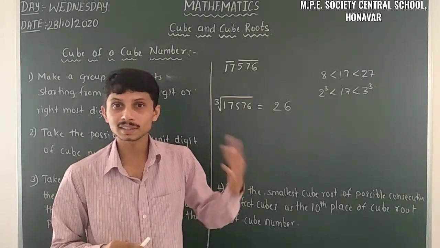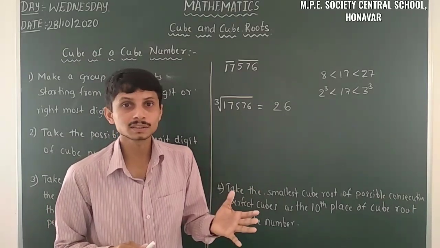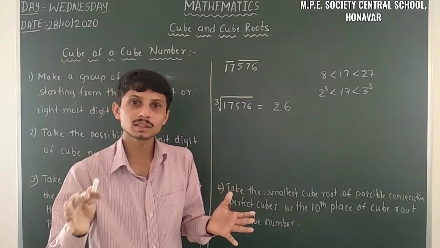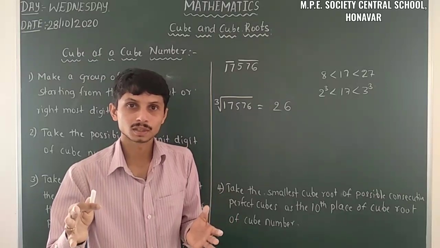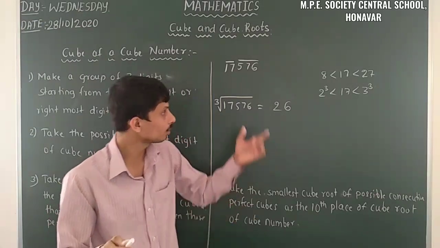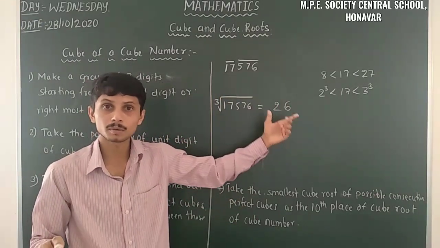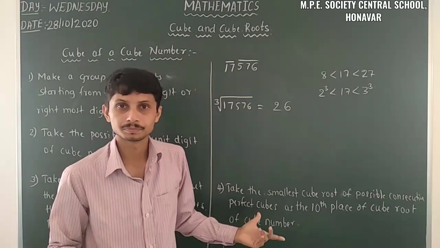And when you have to find the cube root of a cube number, so you have to guess. In that time, you have to guess, meaning in multiple choice questions. In a multiple choice question, if you have to find the cube root of that number, you can take this method.